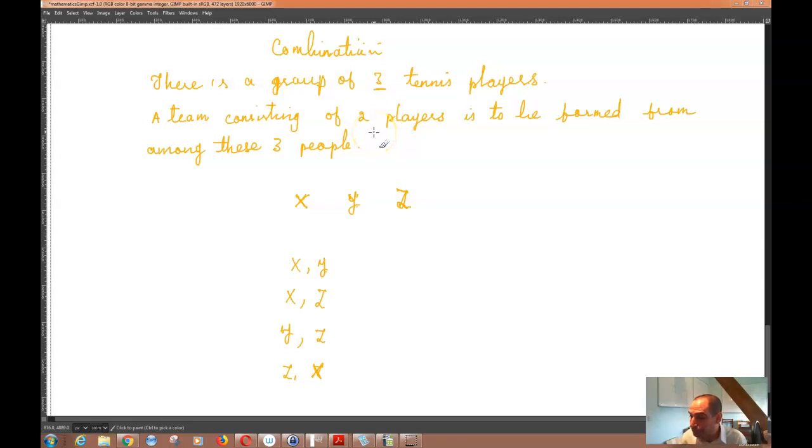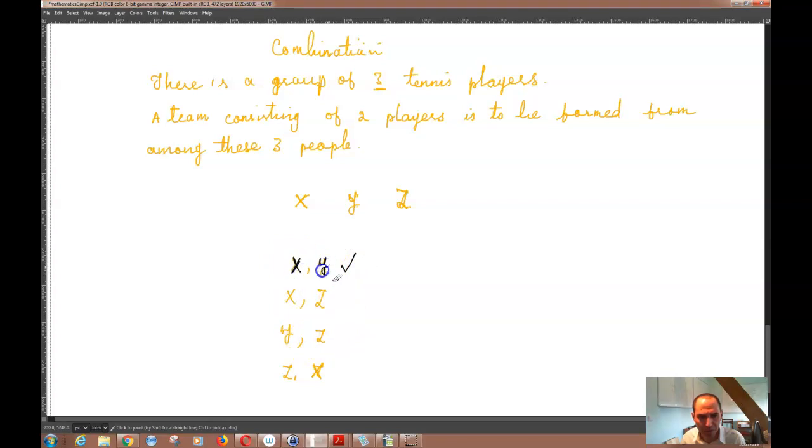Now, in fact there are only 3 possible ways in which a team could be constructed. We could construct the team as x comma y. It seems that I've made a mistake here.